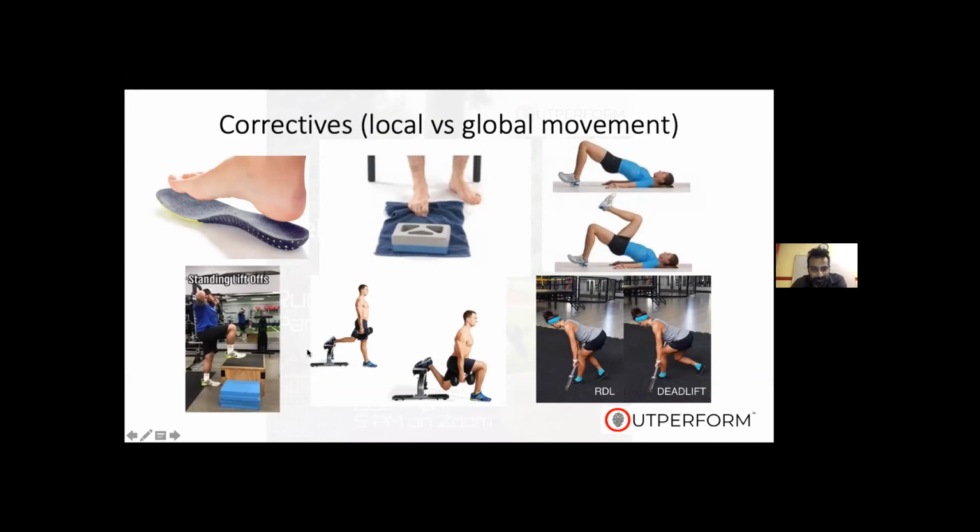So that's why the flow that I generally suggest is, apart from the activation work, which needs to be specific to address stability, mobility and other aspects, via assessments we can figure out what the local issues are, local immobility or local stability issues that are contributing to the global dysfunction.